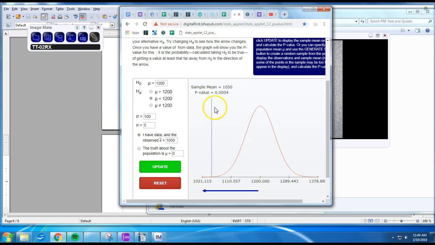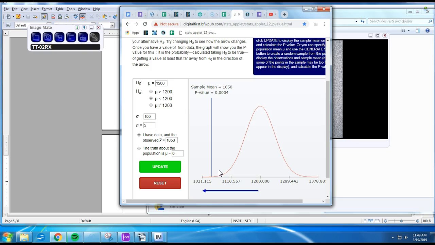Let's do 5 students. So here's the situation. There are 2 choices. Either I picked 5 students that just happened to be basically the dumbest 5 students in our school, not that 1050 is a dumb score, I'm just comparing it, or this claim is incorrect. Which one's more likely?